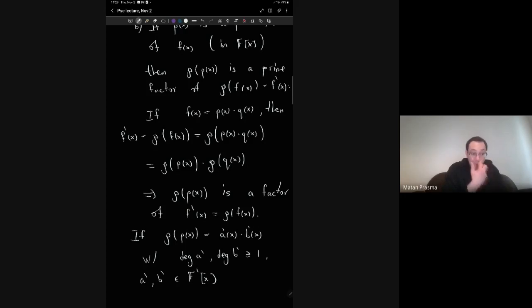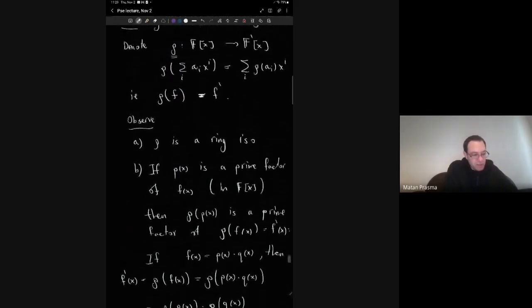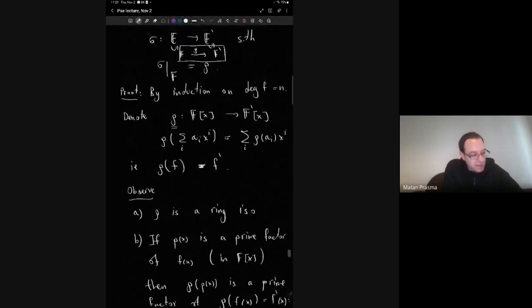Then remember, rho is a ring isomorphism, so it means that I have a map in the other direction.